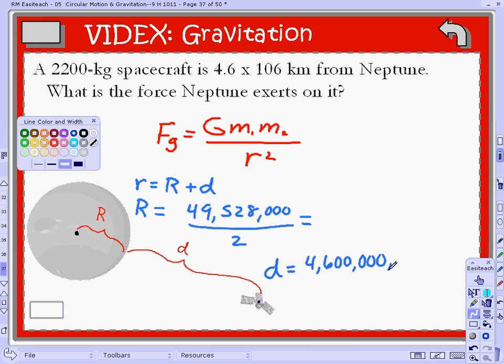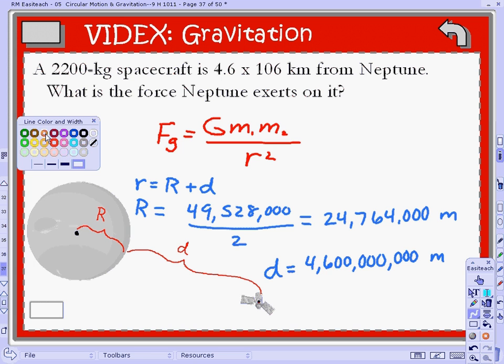I'm adding 3 more zeros to make it into meters. All this work just to get the distance, right? It's just basic math to get the distance. And that number works out to be 764. So I've got my R, and I've got my D, right?